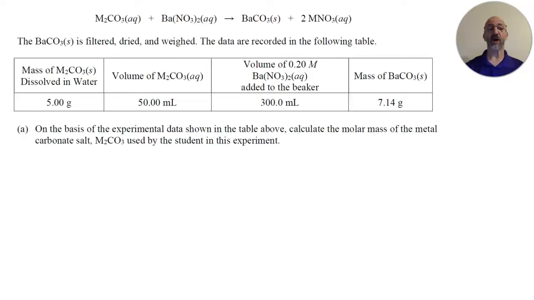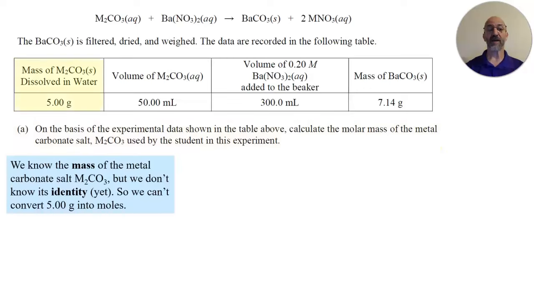I see the mass of the metal carbonate salt dissolved in water, which is 5.00 grams, and then I also see the mass of the barium carbonate precipitate, which is 7.14 grams. So part A of this question says, on the basis of the experimental data shown in the table above, calculate the molar mass of the metal carbonate salt M2CO3 used by the student in this experiment.